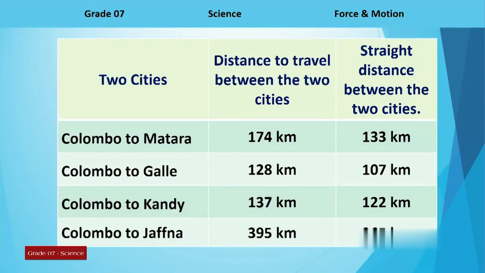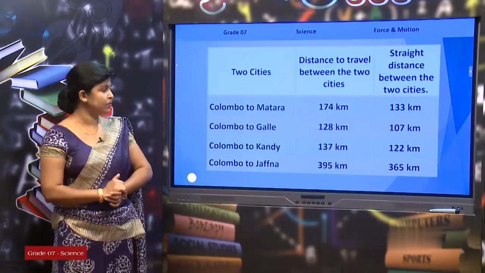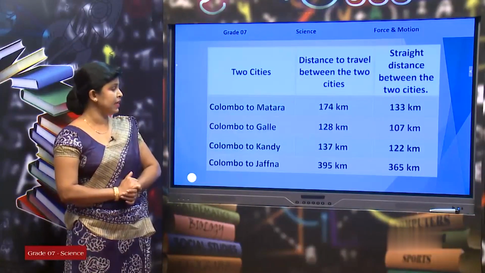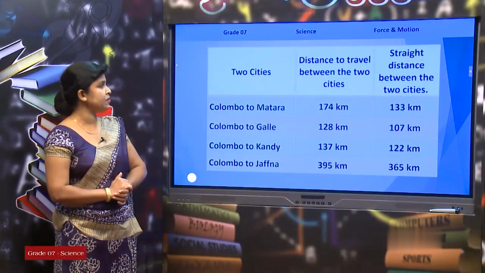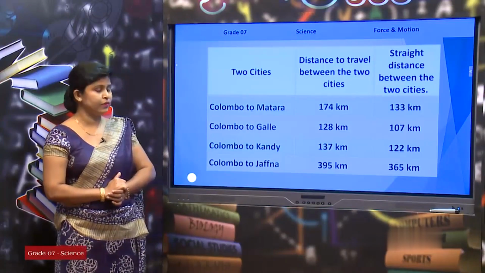The straight distance is 107 kilometers. From Colombo to Kandy, the distance to travel is 137 kilometers and the straight distance is 122 kilometers. Colombo to Jaffna, it is 395 to travel between the two cities, but the straight distance is 365.